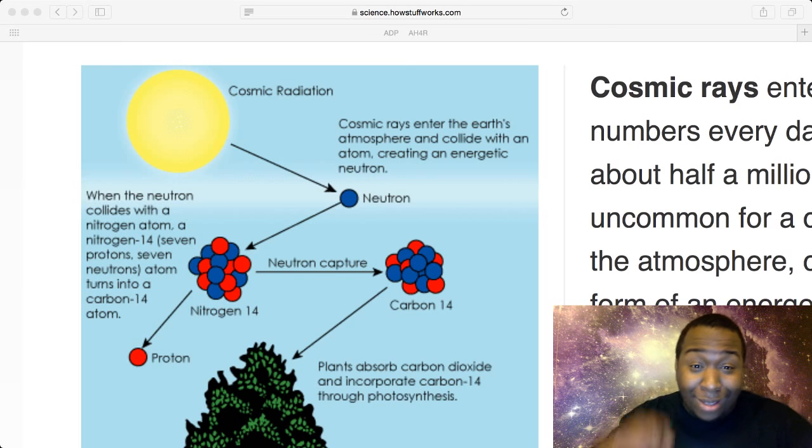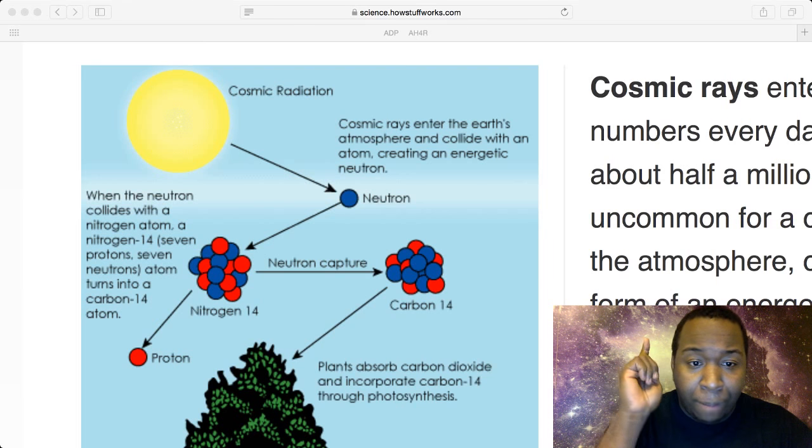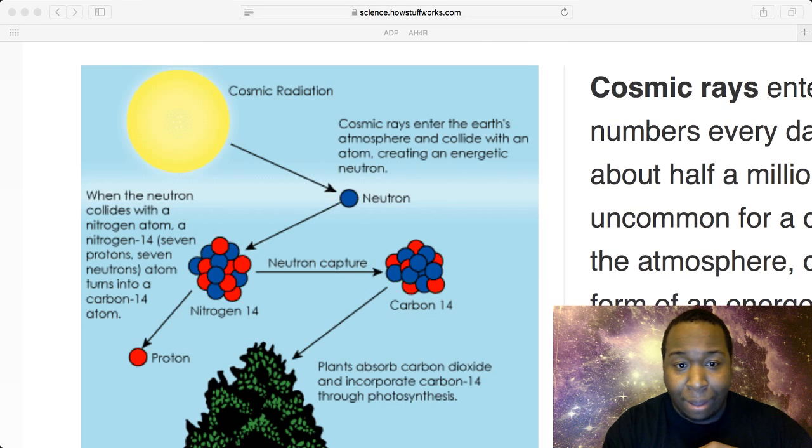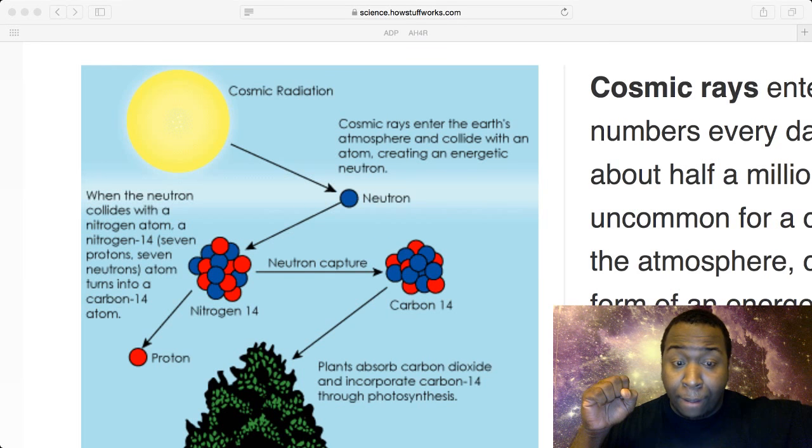One of the protons gets kicked. And whenever you have an atom lose a proton, you automatically have a change in species. So you go from nitrogen 14, a proton gets kicked, but the neutron is now retained. And now you're left with carbon 14.